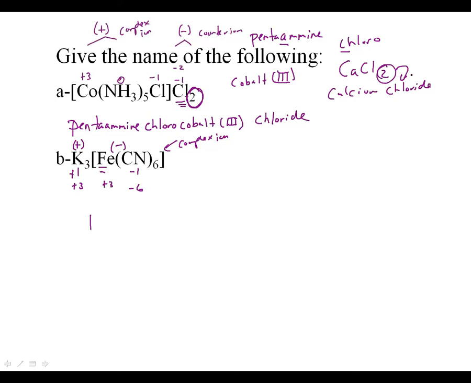If it's a metal up front, you just call it whatever it is, just like normal, no prefix or anything like that. If it's a negative counter ion, you just use -ide at the end of it, or if it's a polyatomic ion, you use the whole name of the polyatomic ion. So looking at our counter ion in the second one, it is K, so we would just call it potassium.